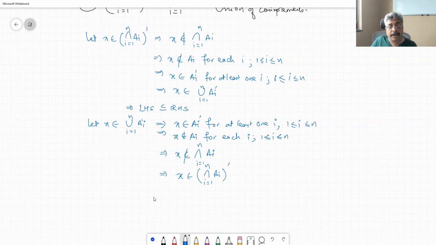RHS is a subset of LHS, therefore LHS equals RHS. Okay, so we have proved De Morgan's laws for union and intersection of n sets.